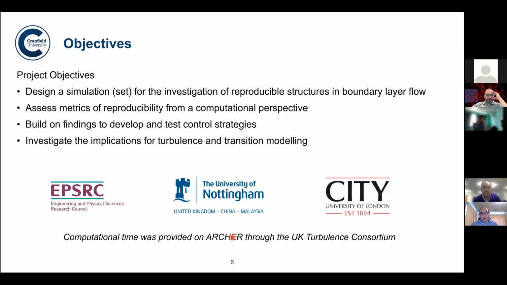Our main objectives overall are to generate a data set for the initial development of instabilities in boundary layers, look at how we can assess their reproducibility from a computational perspective, develop some control strategies for these latter parts of the transition, and also investigate the implications perhaps for turbulence and transition modeling.